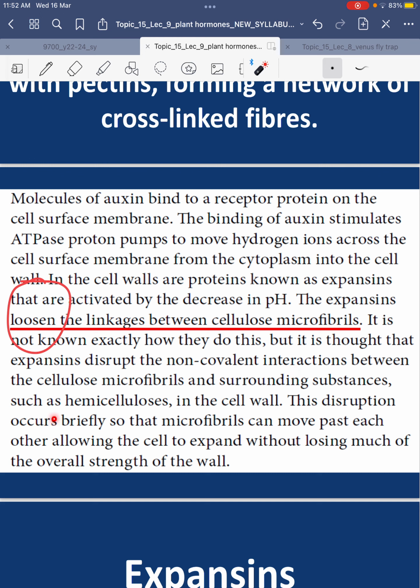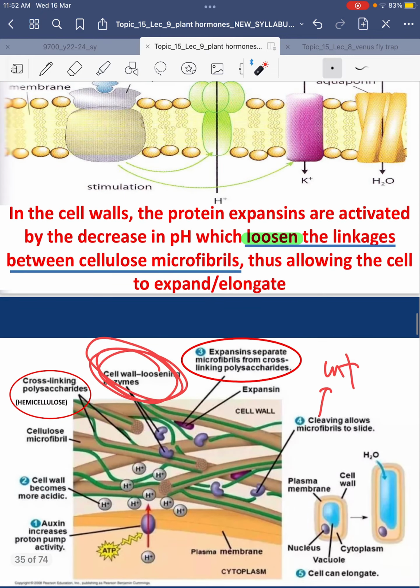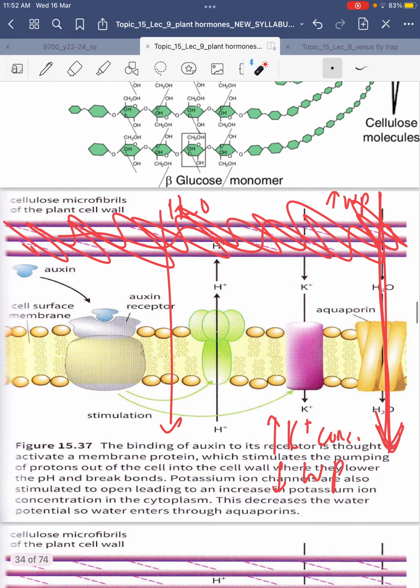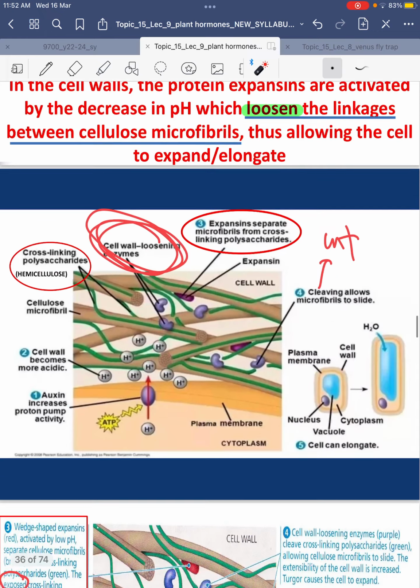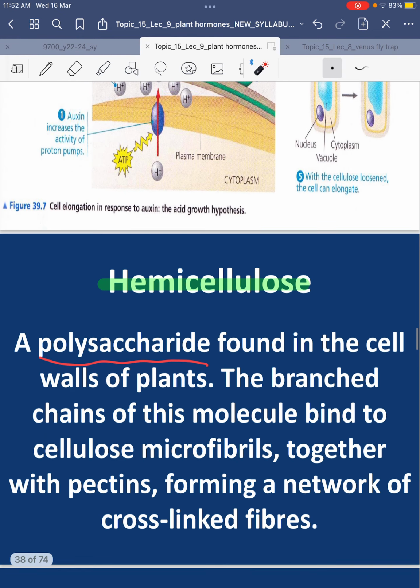This disruption occurs briefly so that microfibrils can move past each other, allowing the cell to expand without losing much of the overall strength of the wall. Okay, so very, very important. These three, I mean, this picture here, this one, this one, and this one, you need to master just for one learning objective.